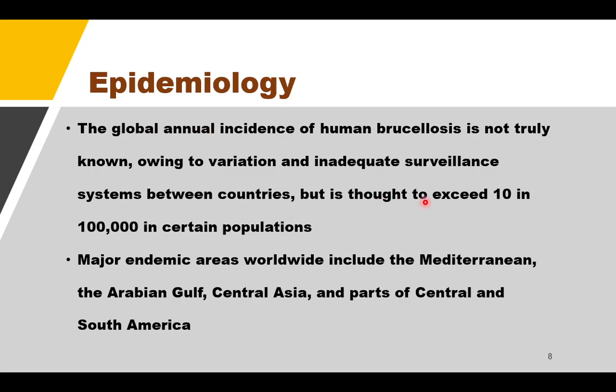The working rule is that incidence exceeds about 10 in a 100,000 person population. The major endemic areas include the Mediterranean, so you can understand why it's also referred to as Mediterranean fever, the Arabian Gulf, Central Asia, and parts of Central and South America.